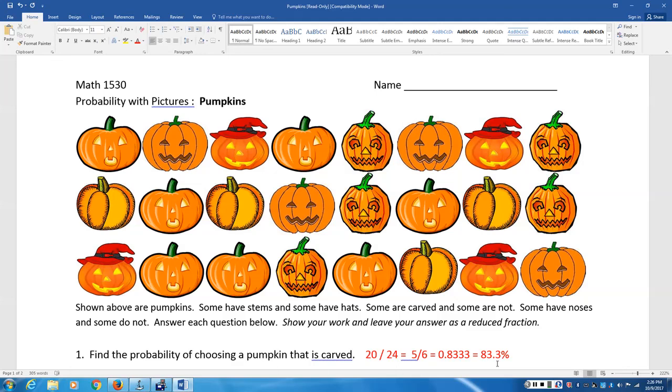Now there is a rule that's going to come up in probability. We will talk about it, but I want you to remember this conversation when we get to that rule, because there's an or rule and an and rule. I just told you what the and rule was because it's easier than trying to make you figure it out. But with the or rule, you have to be very careful.